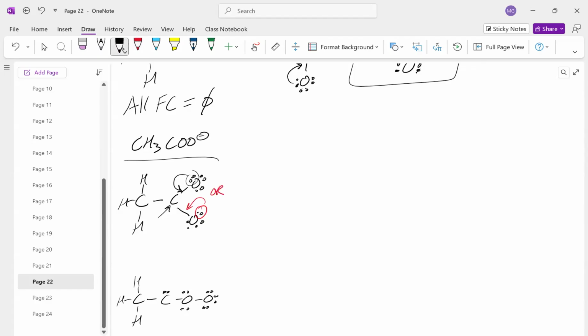So what does that tell you if you make an arbitrary decision to move lone pairs to make those multiple bonds? You probably have resonance forms. So let's draw one resonance form where the double bond is here.